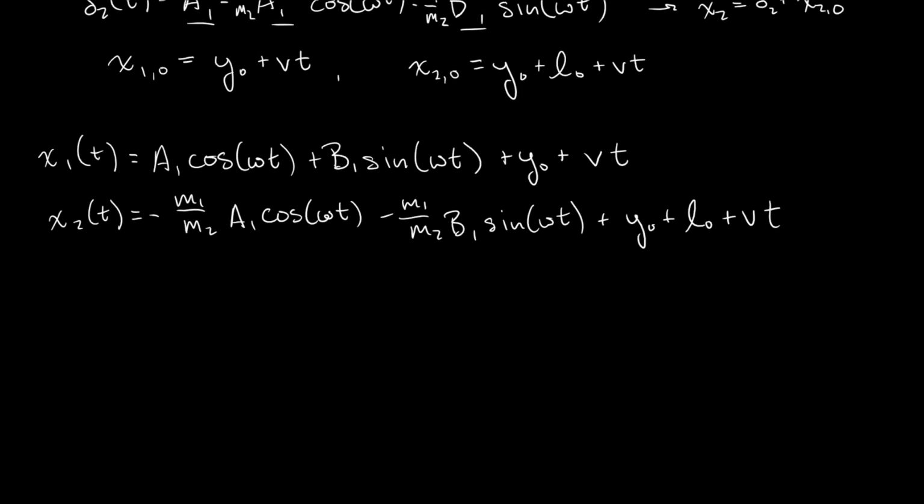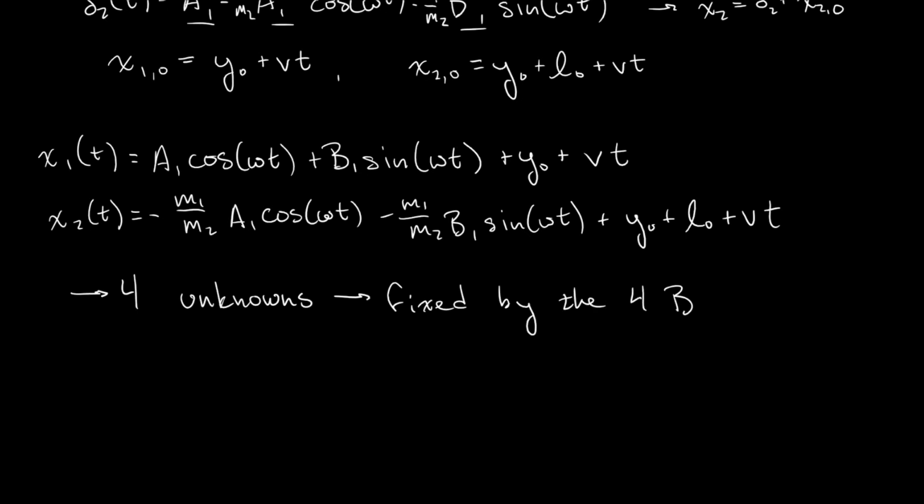And just as we expected, at the end of the day, we have 4 unknowns, which can be fixed by the 4 boundary conditions we need for the differential equation.